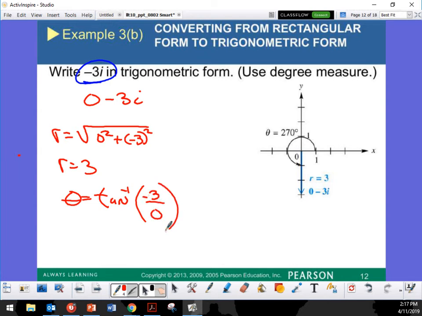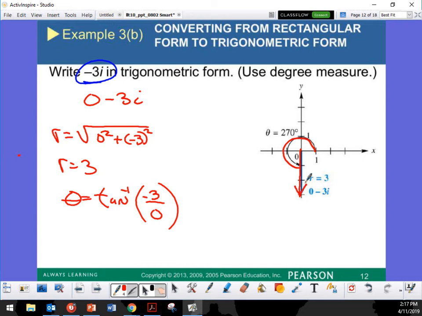What do we get? Undefined, right? You can't have 0 on the bottom. So in that case, I need to understand that when I start over here and end straight down, it's going to be 270.